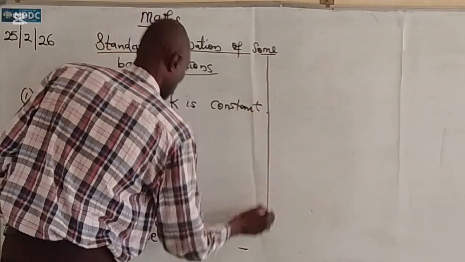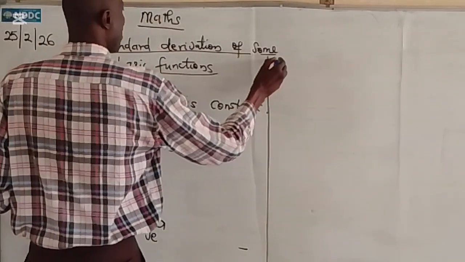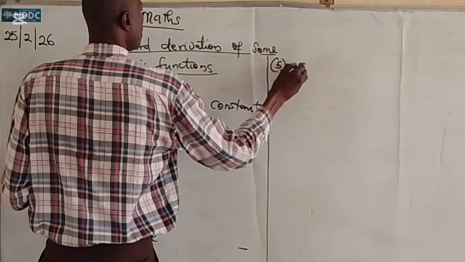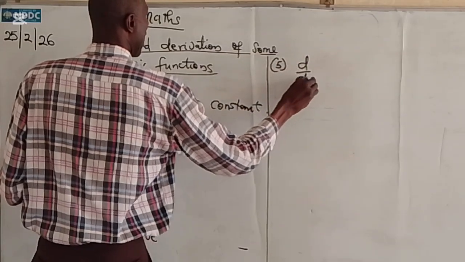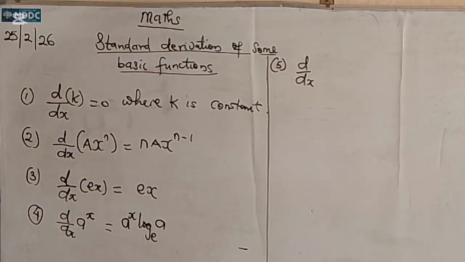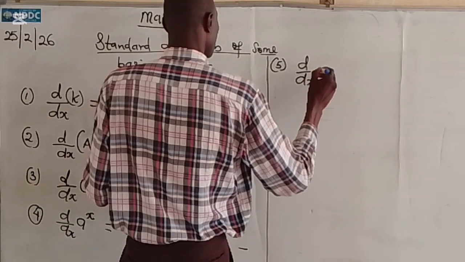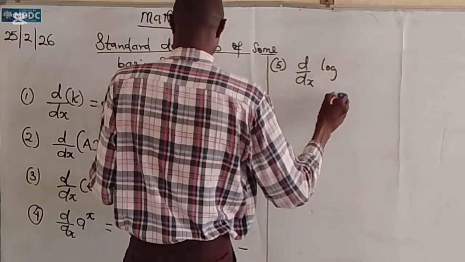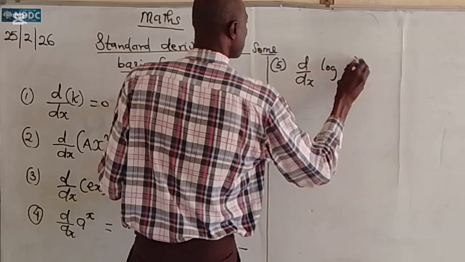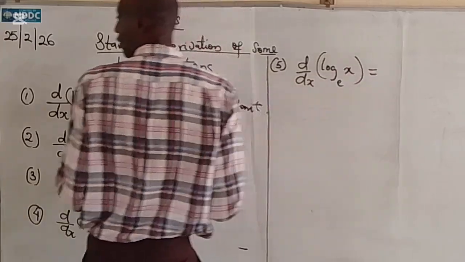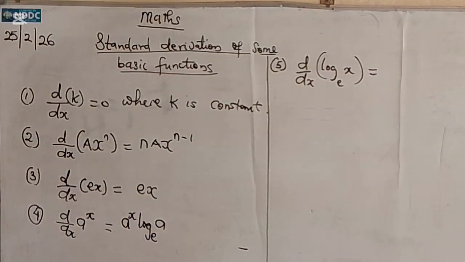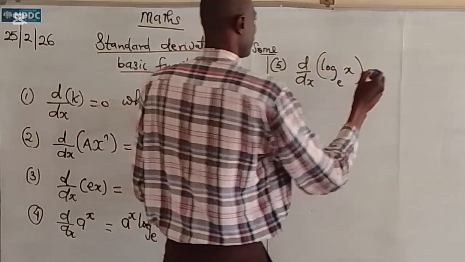Now, let's talk about number 5. d over dx of log x is equal to 1 over x.